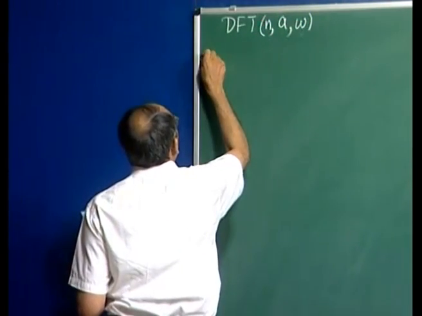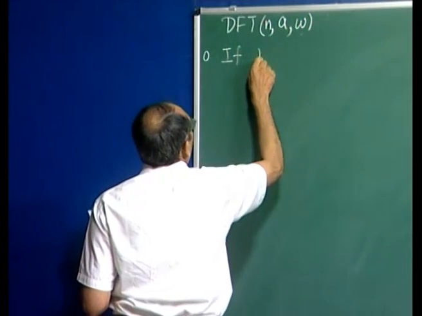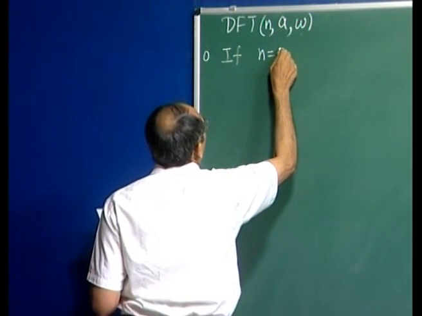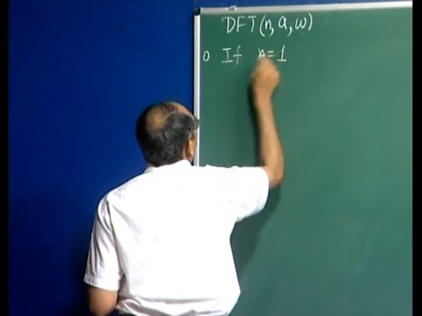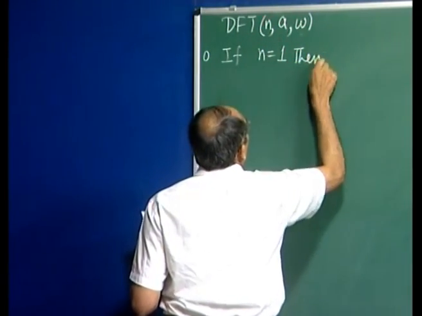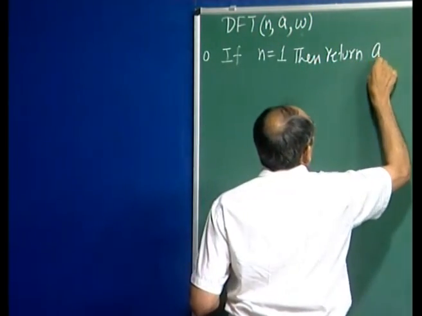So, step 0 is, if n is 1, then return A0.